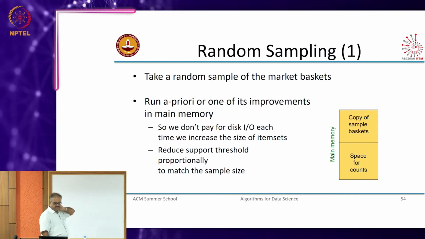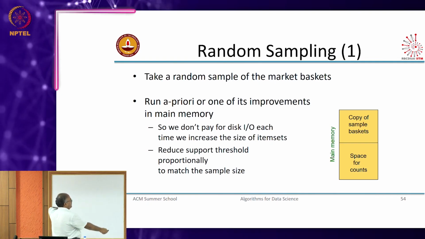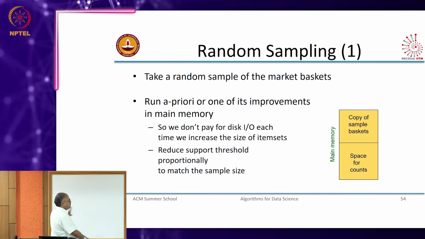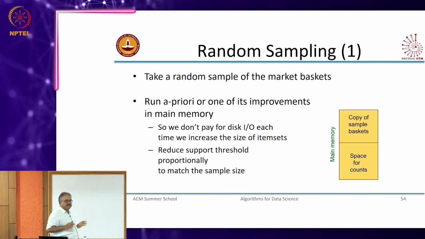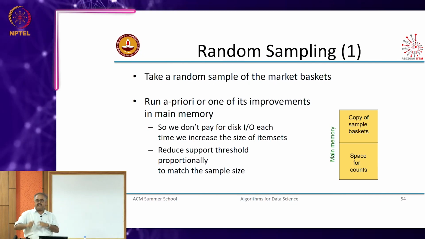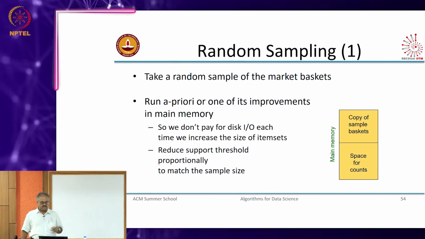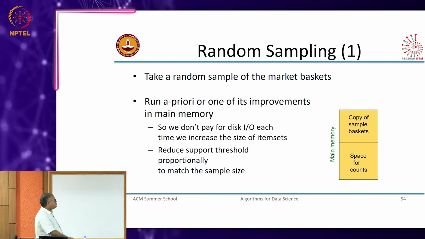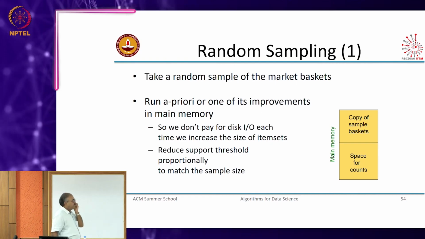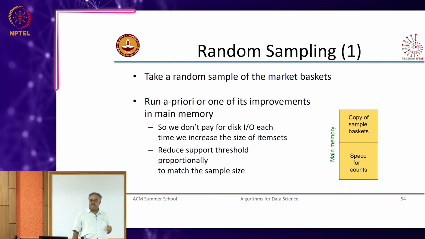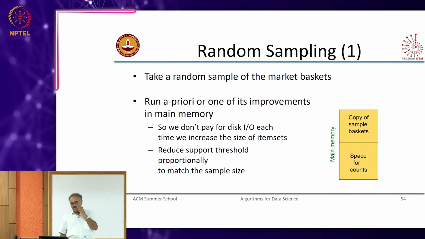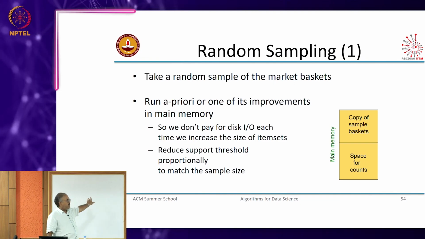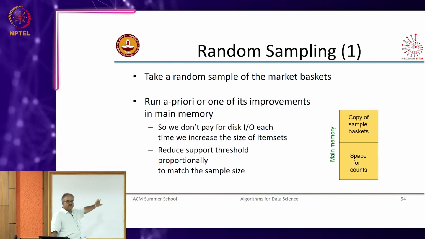What we do is take a random sample of the baskets in memory, as many baskets as you can fit into memory while leaving space for counts. Because the number of baskets is small enough to fit in main memory, you run A-Priori or whatever algorithm you want.